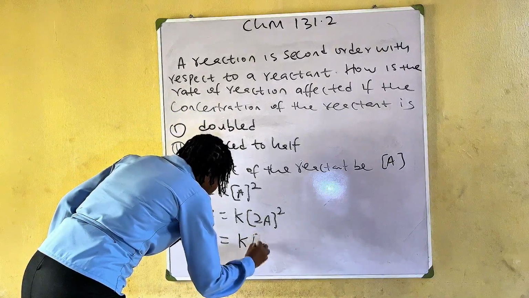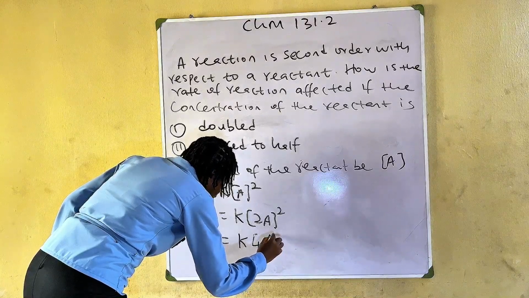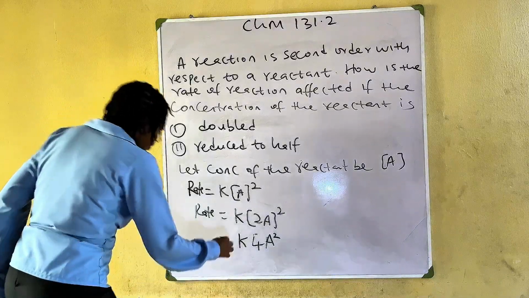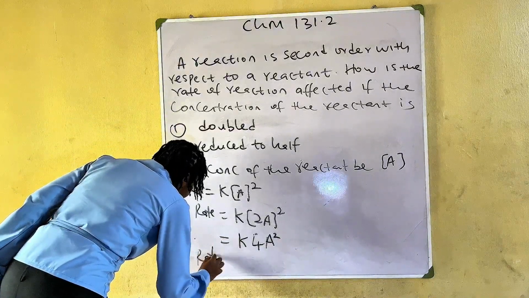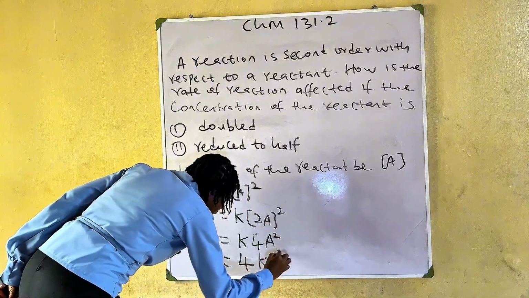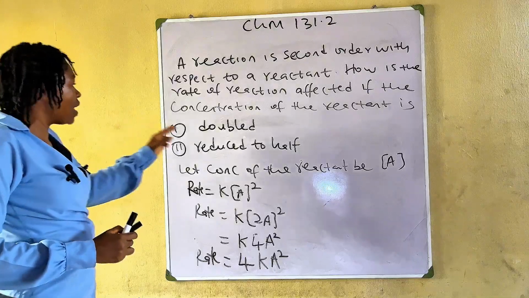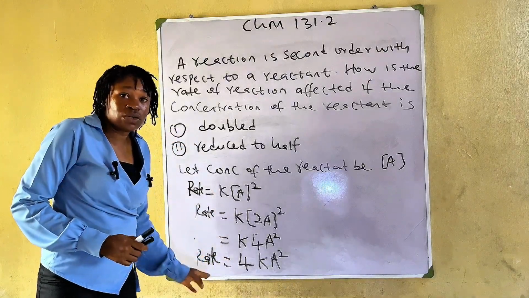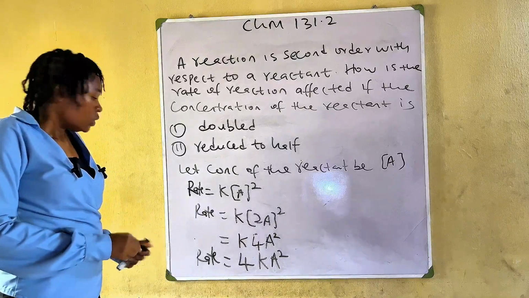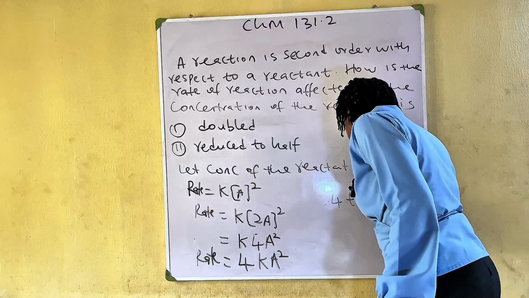So what I have here is 4k[A] squared. So it means that if you double the concentration of the reactant, the rate of reaction is going to increase by 4 times.